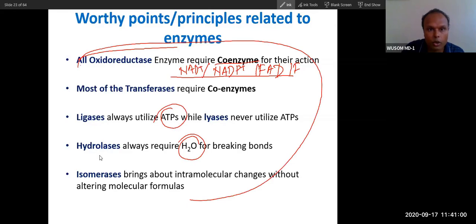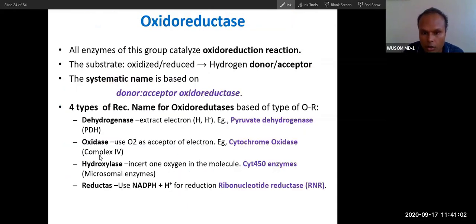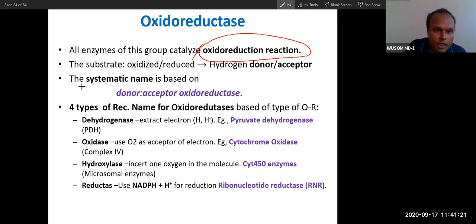Now let's talk about the oxidoreductase. What does oxidoreductase do? It does oxidation reduction reactions. Whatever enzyme is involved in an oxidation reduction reaction, those are oxidoreductases. So how do we give the systematic name?